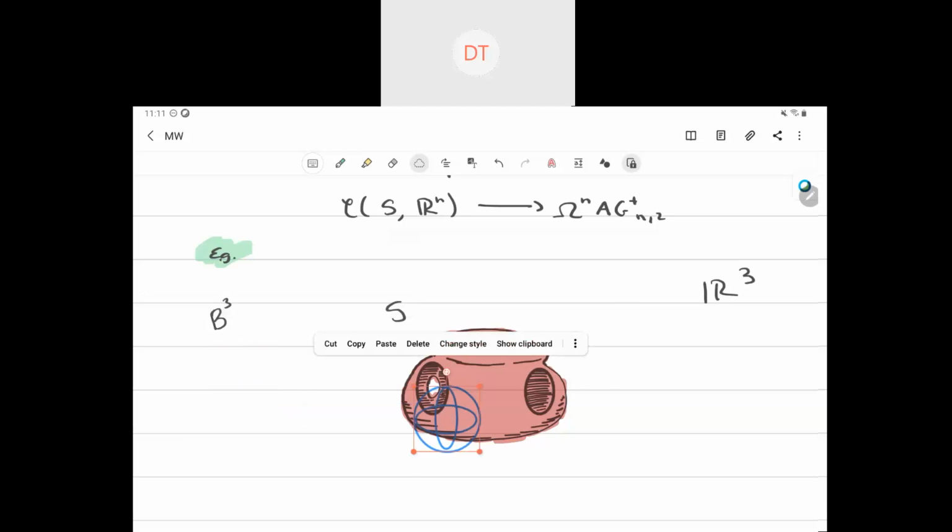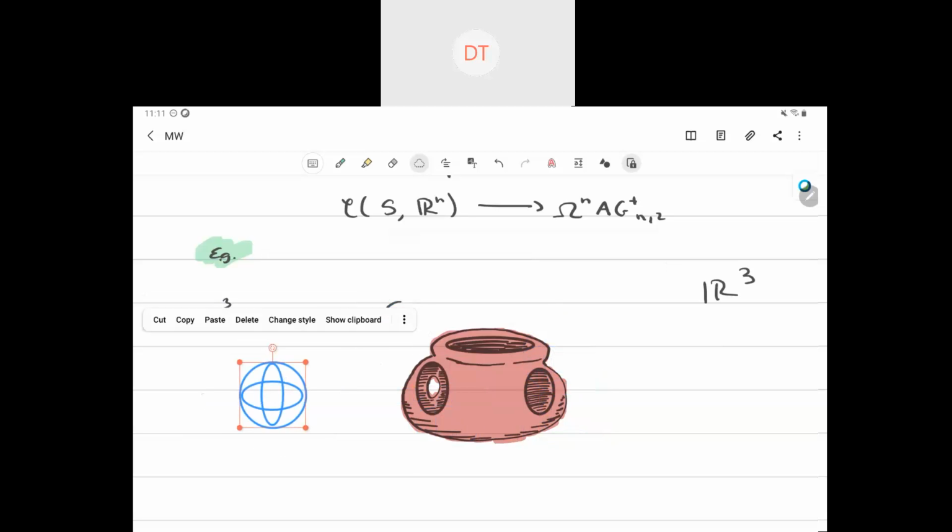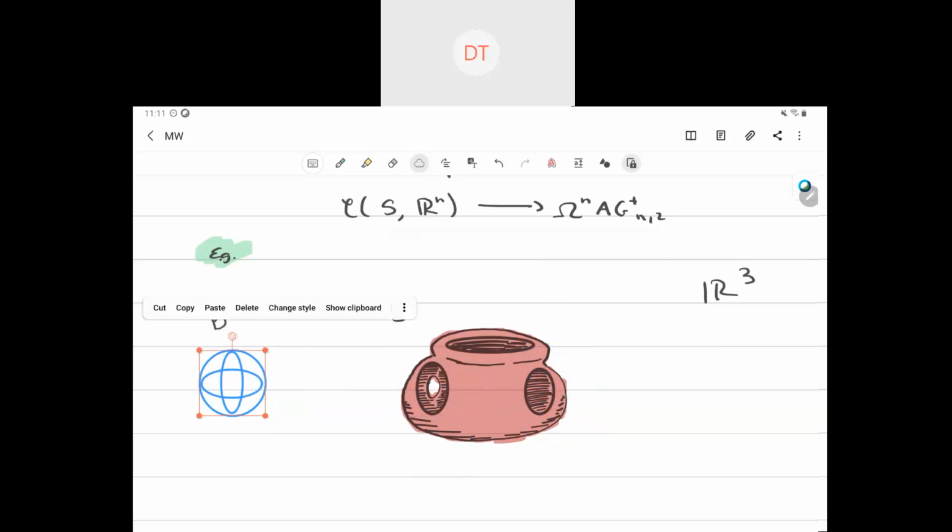It's too large. It just won't work. So depending on how we embed S into R3 in this case, or into Rn, we need to choose this lens appropriately, so that when we scan, we really do get that nice map into the affine Grassmannian and eventually the point in the loop space.